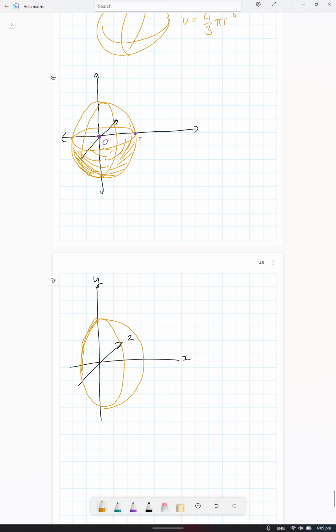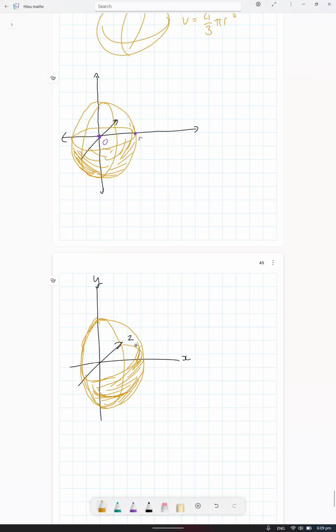So if you can imagine a hemisphere, it's like this. It's like here. Yeah, that's why it was so confusing. And I'll color it in just a bit so you can see.